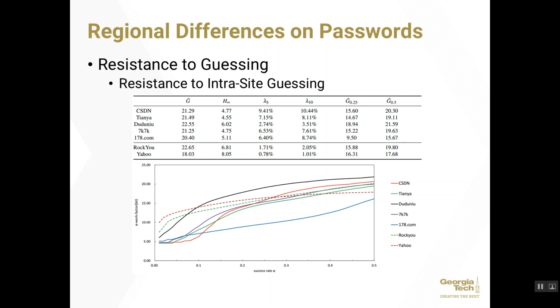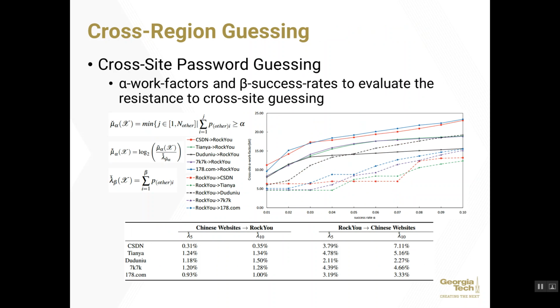But after 0.25, they are similar. Dudumu and 178.com are exceptions. 178.com is a little geeky website, and Dudumu is a commercial website, so they may perform differently from the others.